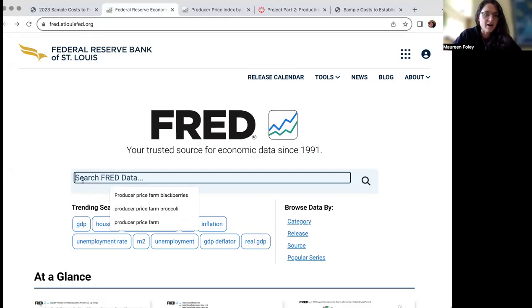Now, I have found that FRED's search function is not super great, honestly, the way that it comes up with search results. So I have found that the best way to find your commodity is to use these words: producer price farm, and then your commodity. So let's put in broccoli.